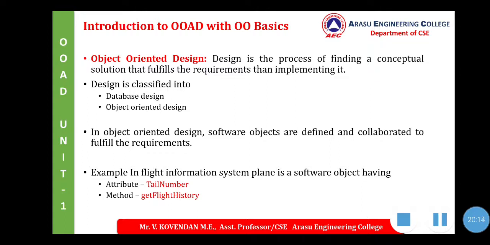For example, in the flight information system, plane is a software object, which we already discussed in the analysis part. Here we discuss the design part, where we convert it into attributes. The attribute is the tail number, and the method, in the sense of a function, is get flight history. Based on this, the design will be derived.